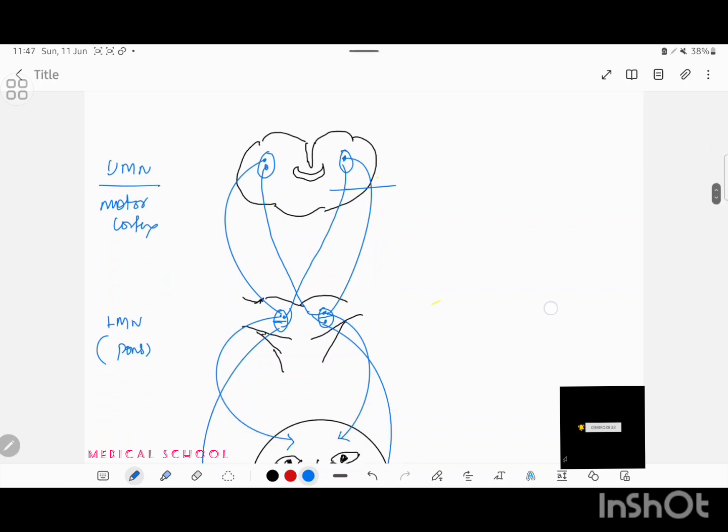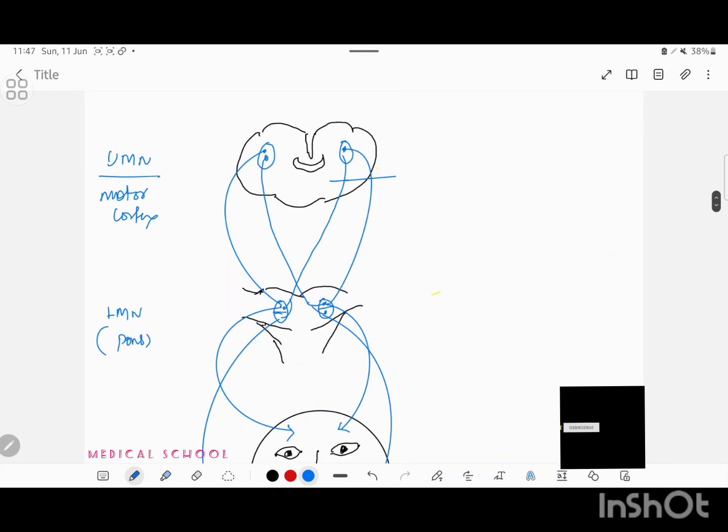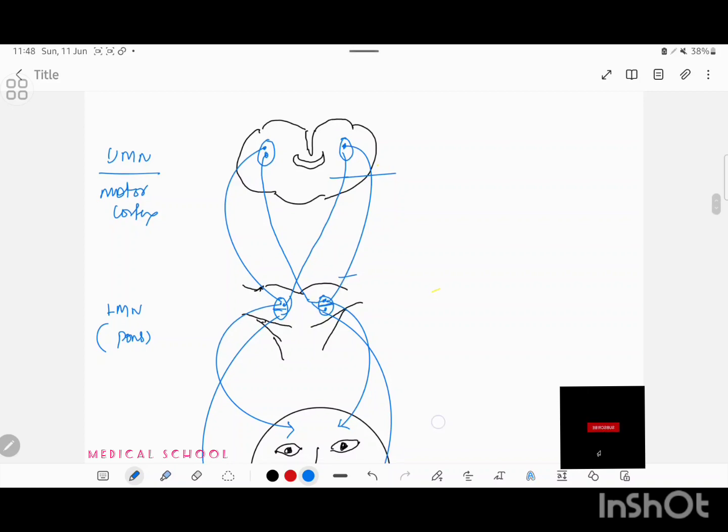Let's see which nerve supply gets affected when there is a UMN lesion in the motor cortex, like in case of stroke, any tumor or any lesion which is affecting the upper motor neuron. The fibers of the upper half of the LMN are getting affected, but the upper half is supplied by the opposite UMN.